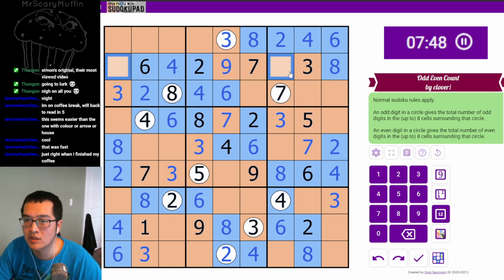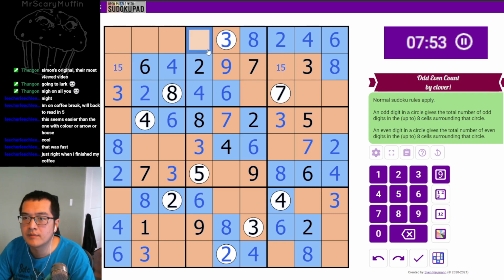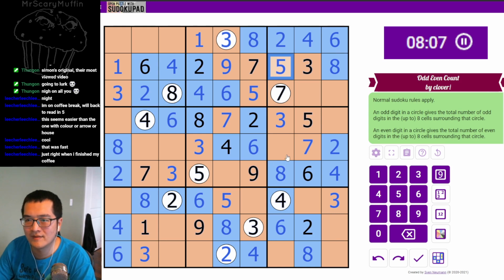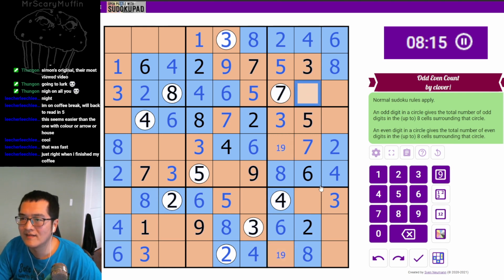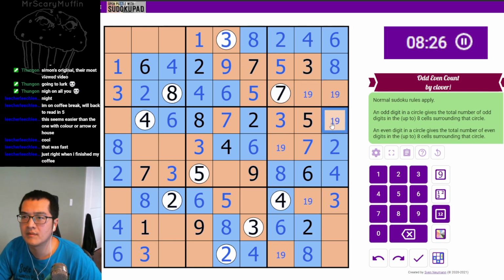I really didn't want to do pencil markings, but blast it all. I love this. Everything's 1-9.